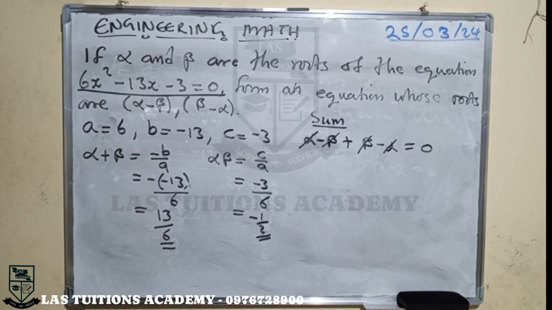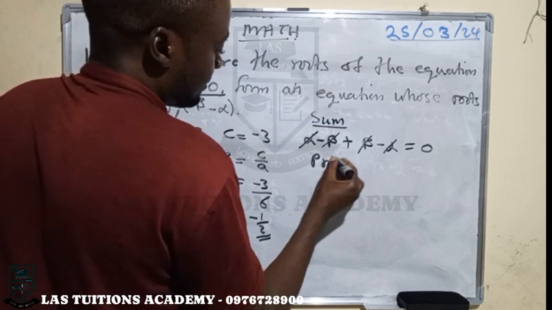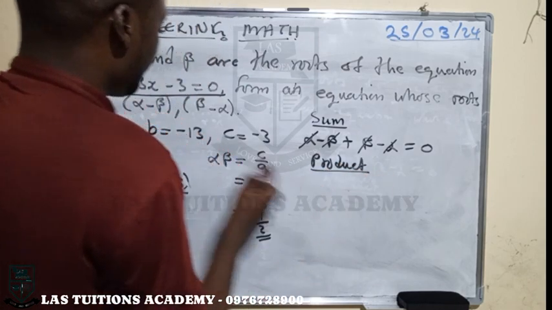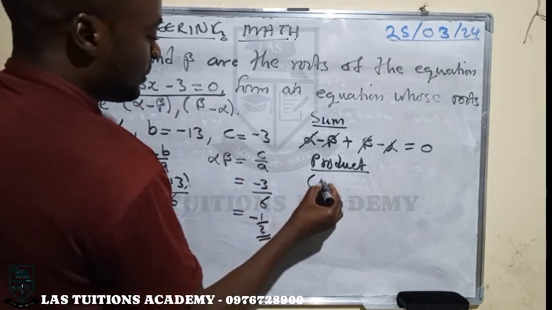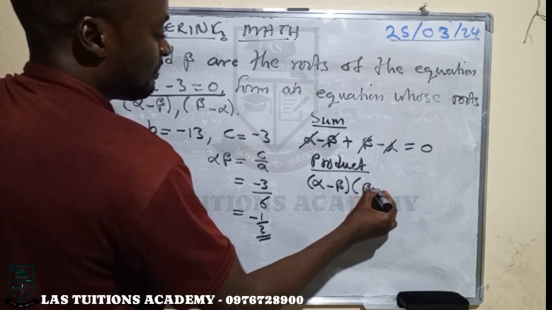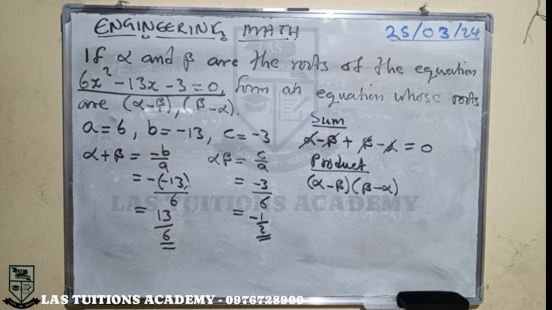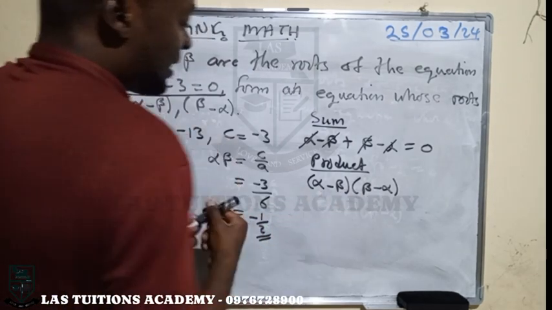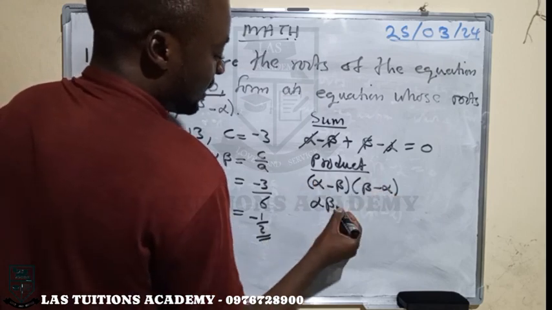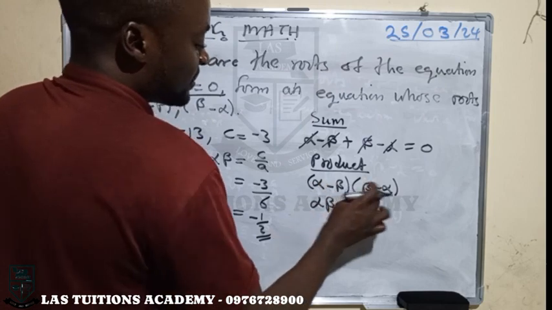Then we go to the product of the roots. We need to multiply them. So I have alpha minus beta times beta minus alpha. So alpha times beta gives us alpha beta. Alpha times negative alpha gives us negative alpha squared. Negative beta times beta gives us negative beta squared.